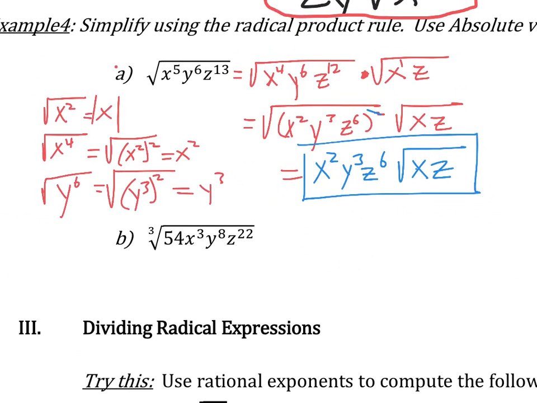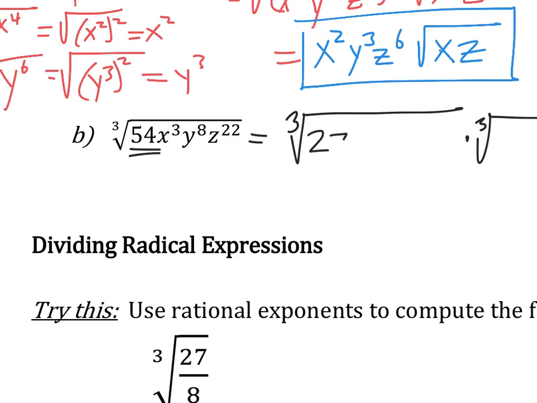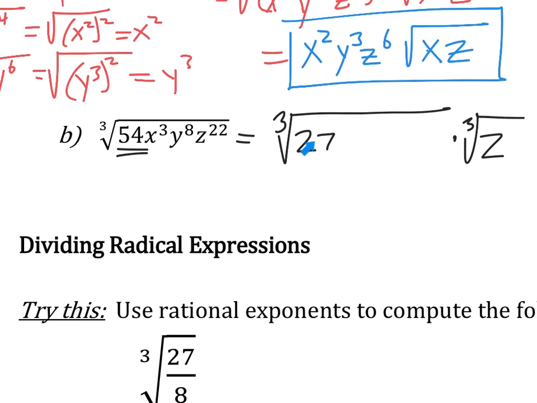All right? Let's try one more, a cube root. Here we want to break it up into things we can cube root and things we can't. Well, the biggest cube that goes into 54 is 27. 27 times 2 is 54.